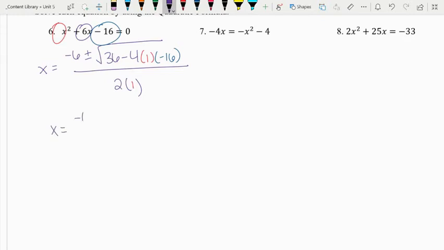So if I start cleaning it up, what I do is figure out what the discriminant is, just like we were before. If we look at it up here, it's going to be 36, and then if we multiply -4 times 1 times -16, you end up getting 64. When you add those two together, you get 100.